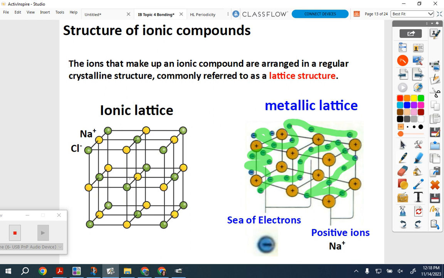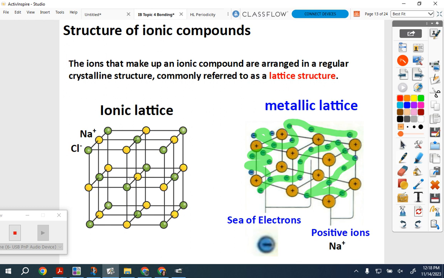They're delocalized, not really stuck on one atom or the other. And that creates some of the characteristics of metals, like the fact that they conduct electricity, because we have mobile charged particles that can move around. That is essentially what a current is. It's the movement of charged particles.